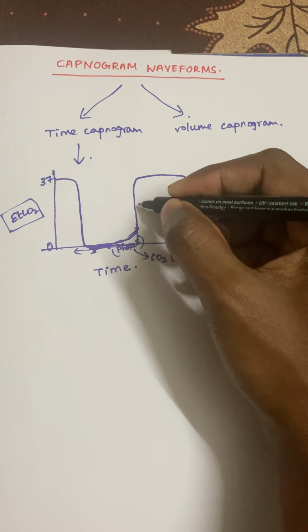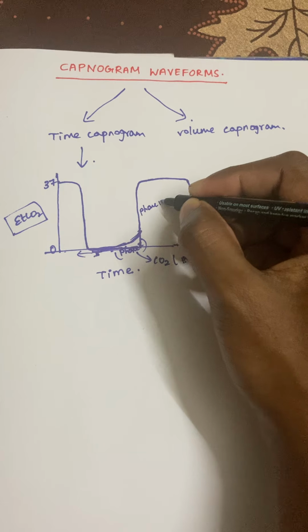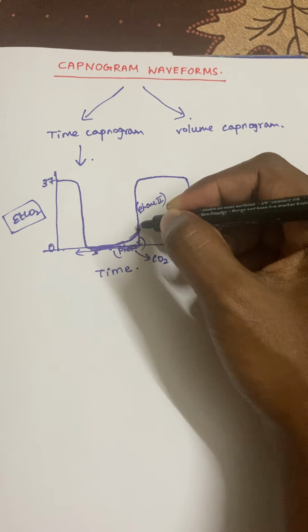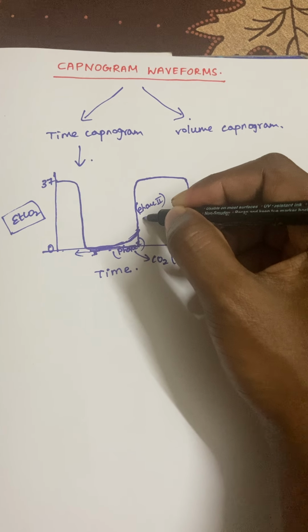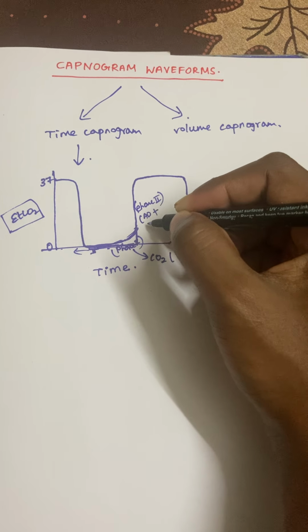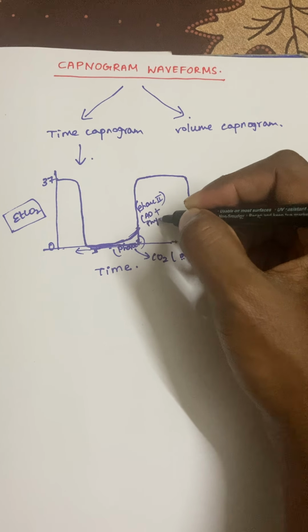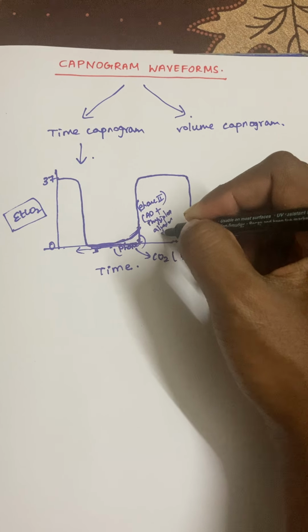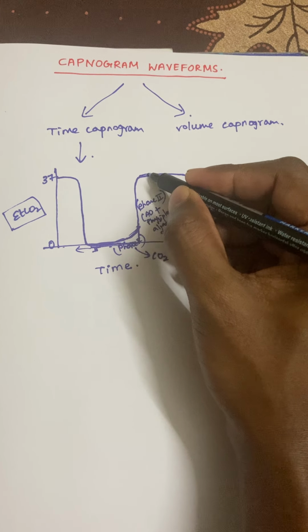The second phase is known as phase 2, which is contributed by the mixture of anatomical dead space gases plus the physiological alveolar dead space gases. This is followed by phase 3.